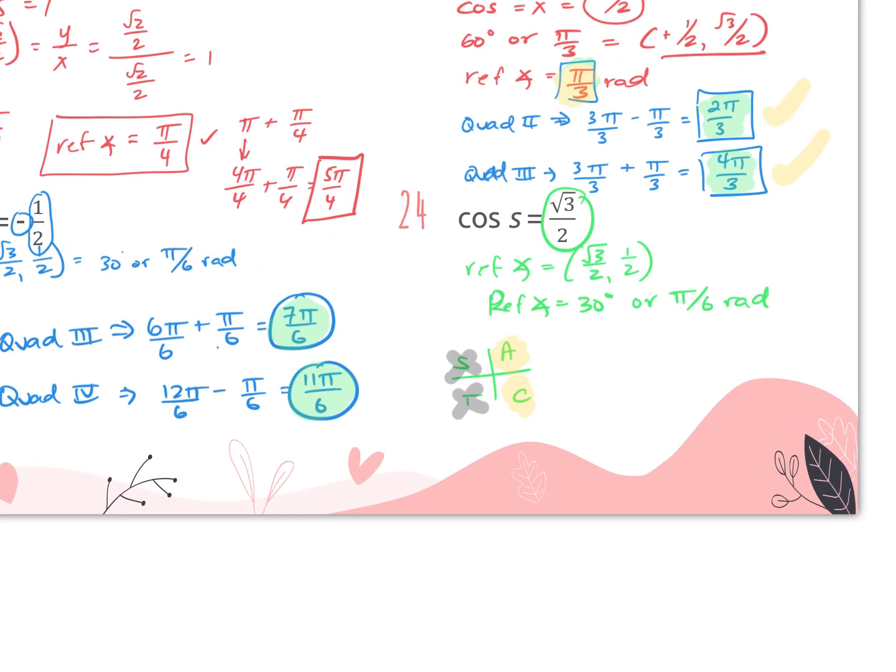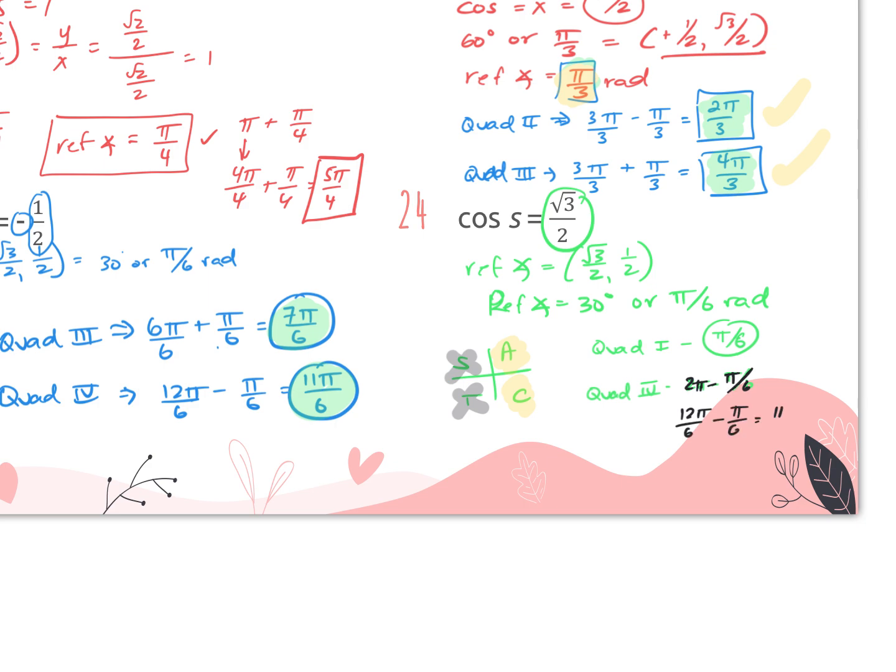So in quadrant 1, I know that the reference angle is the actual angle. So in that one, it's just pi over 6. My reference angle is the answer. And in quadrant 4, I know that the answer is 2 pi minus pi over 6. 2 pi is the same as 12 pi over 6.